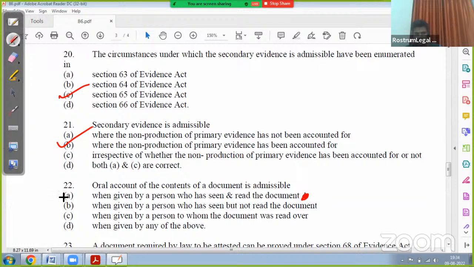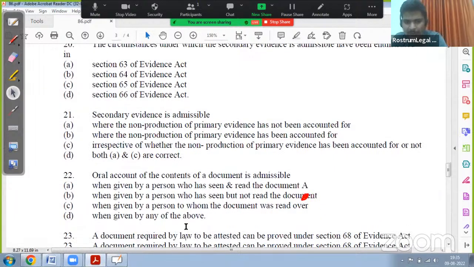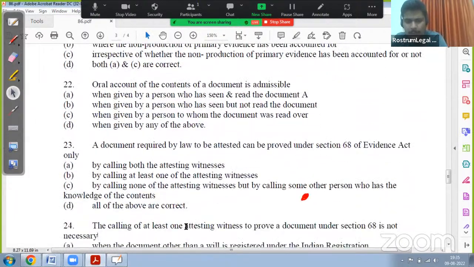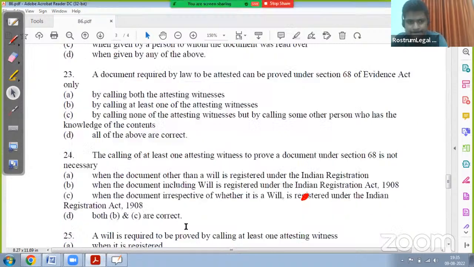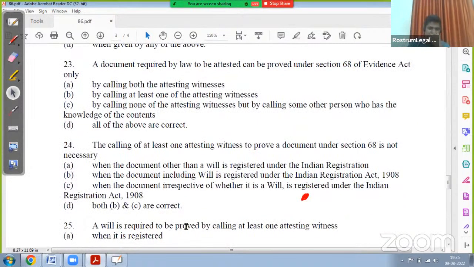Question number 22, its correct answer will be A, when given by a person who has seen and read the document. जब भी किसी इंसान ने वो डॉक्यूमेंट देखा है और पढ़ा है, then only the contents of the document can be proved by that person on his account through oral evidence.